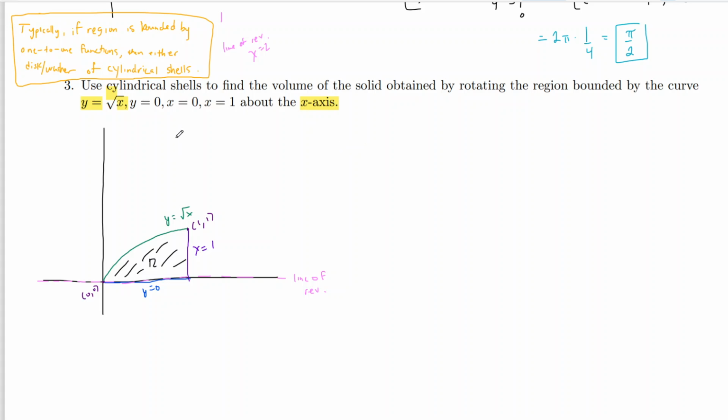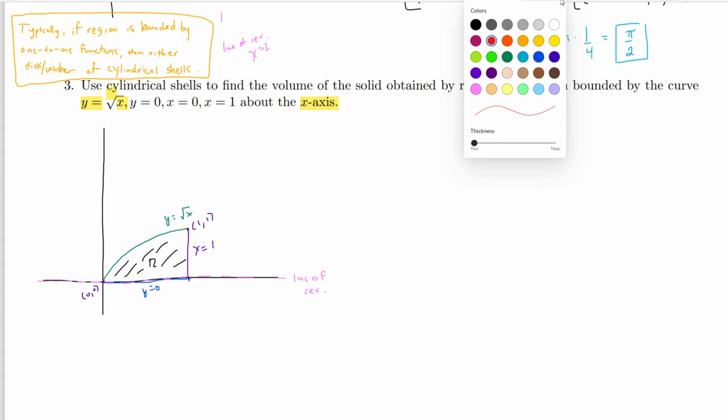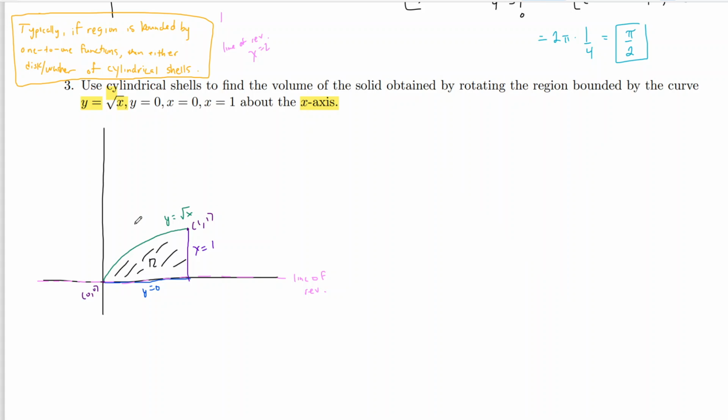All right, so we've got our picture drawn and we need to use cylindrical shells. That's the most important thing, is the direction tells us use cylindrical shells. Well, cylindrical shells are always parallel when you draw a little cross section because that's the height of your cylinder. So this is the cylindrical shell. And the thing is, what is the height and the radius?